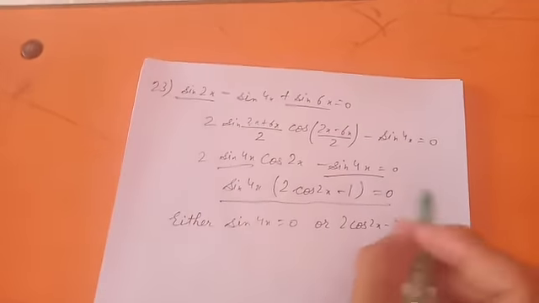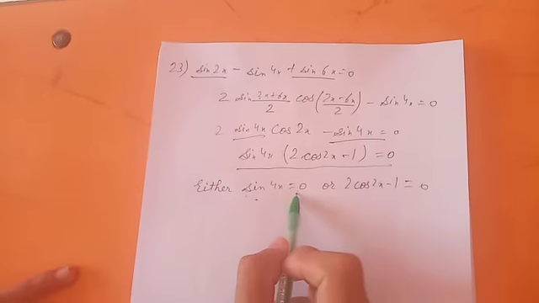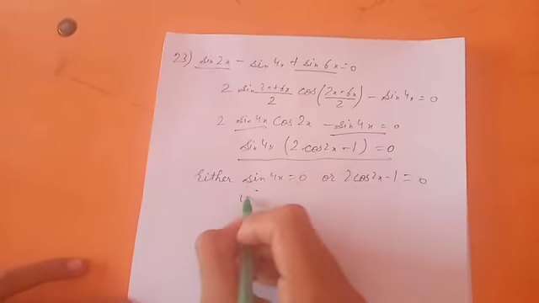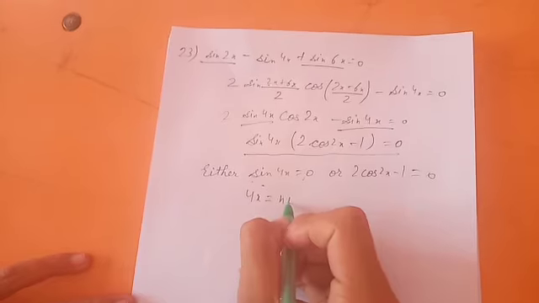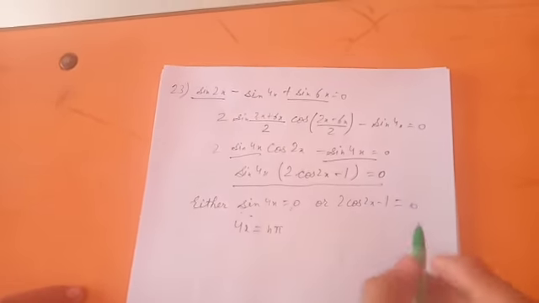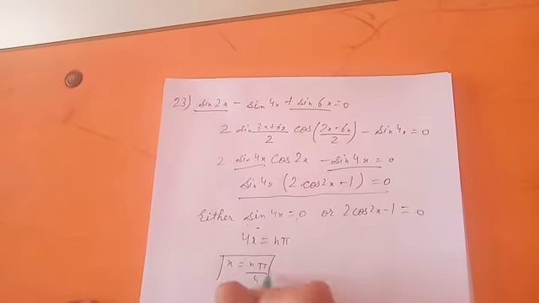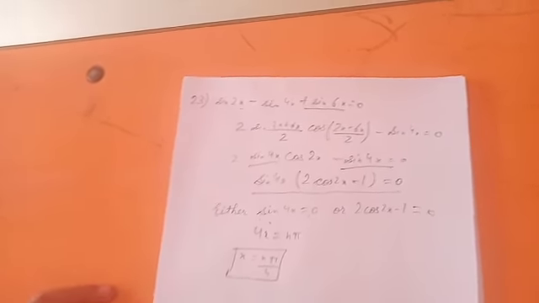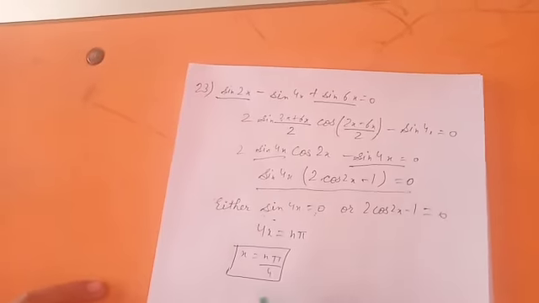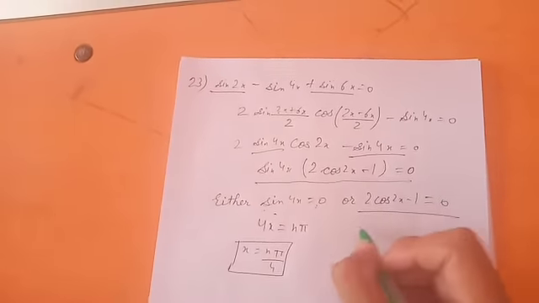We know the sine function is 0 at n pi, so I get 4x is equal to n pi, and from here I get x is equal to n pi/4. One value of x I got. Now we'll get the second from here.